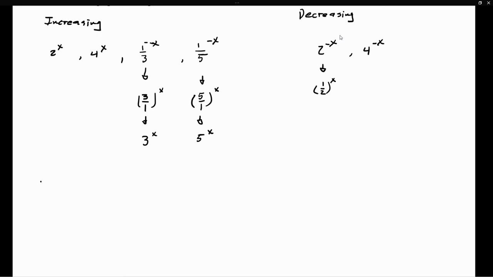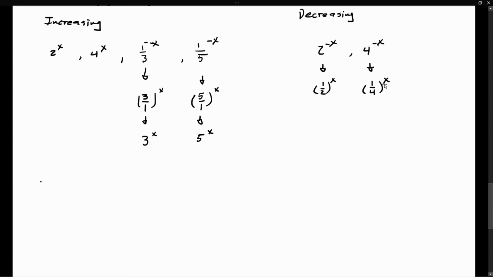And the same goes for the other function. 4 to the negative x, if we write it as a positive exponent, is 1/4 to the x. So when we were looking at the function 2 to the negative x, we were really looking at the function 1/2 to the positive x. And when we were looking at 4 to the negative x, we were looking at 1/4 to the positive x.